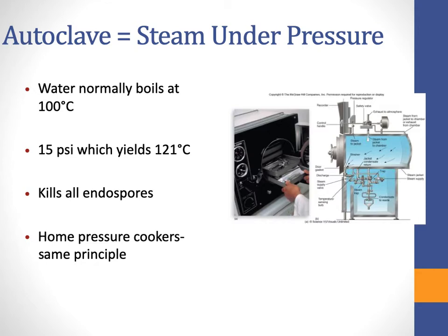So the autoclave, which you see there in the figure, is the equipment that's used in order to create this steam under pressure system, very much like a pressure cooker, where you can cook foods in a quicker time period than if you just cooked them in your oven. The amount of pressure that the autoclave is usually set at is 15 psi, or pounds per square inch.